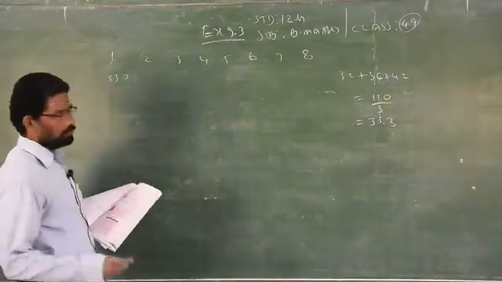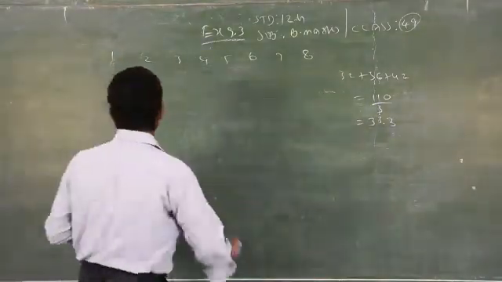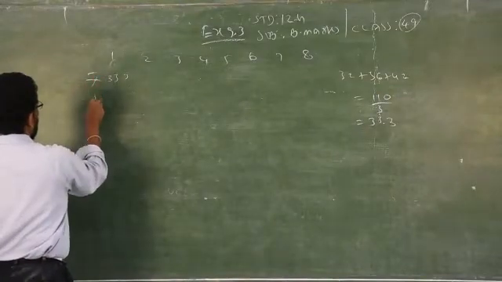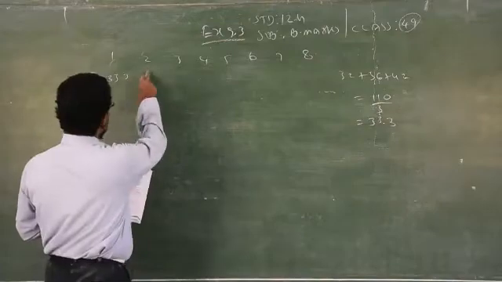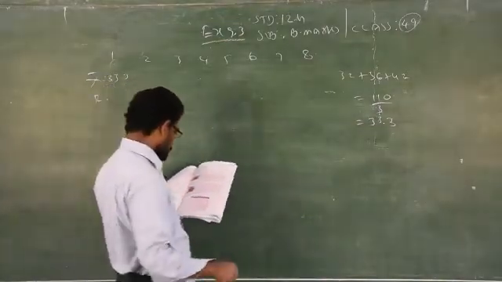Similarly, you can find the mean for the others; this is for X bar. Next you have to find the range. The same way you can do for sample number 2, sample number 3, up to sample 8.